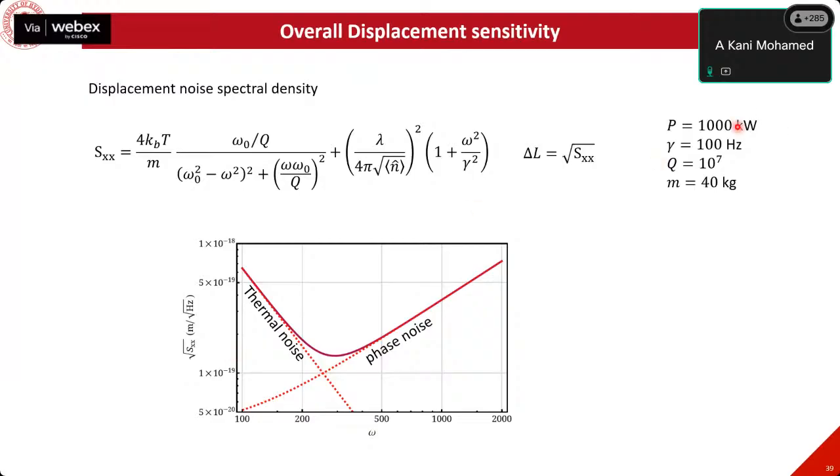For thousands of kilowatt power with an ultra high finesse Fabry-Perot cavity, with a mechanical element having a quality factor of 10 to the power 7 and a mass of 40 kilograms, we can achieve a sensitivity on the differential path length difference of the order of 10 to the power minus 19.